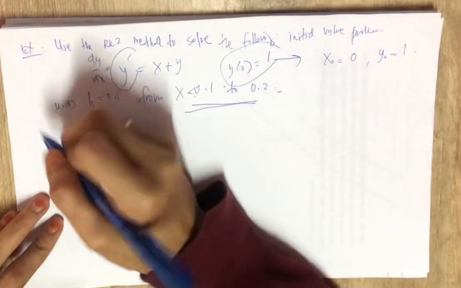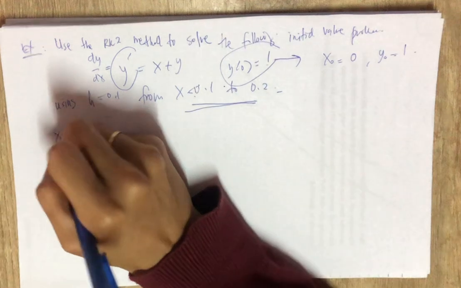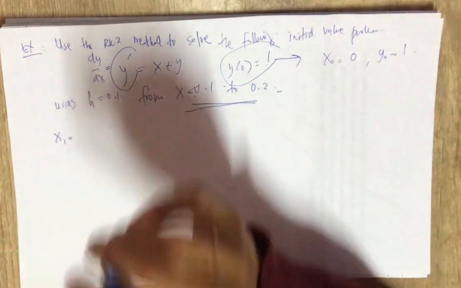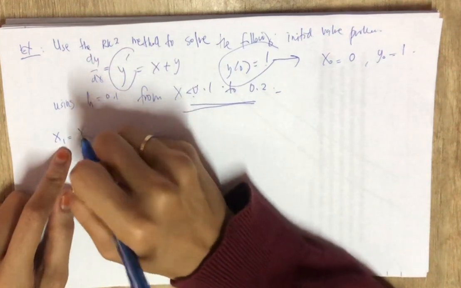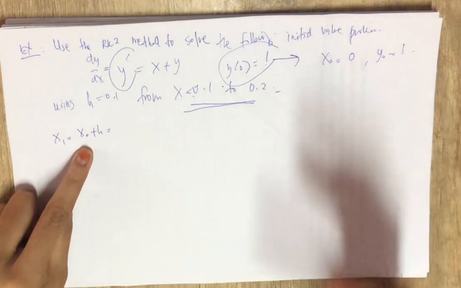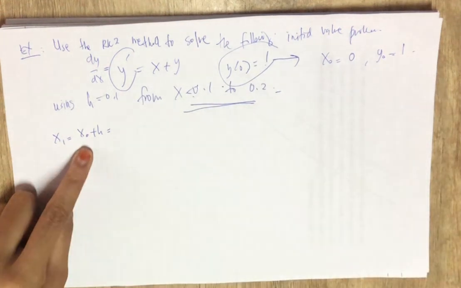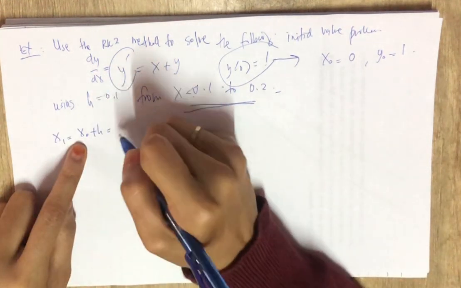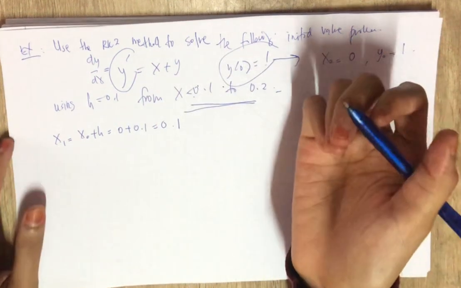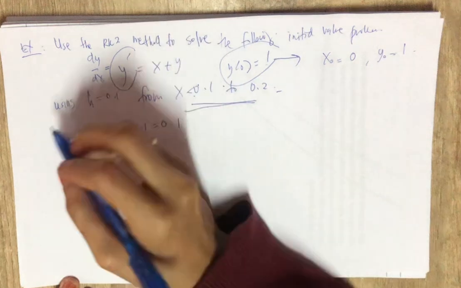We want to find x1 because we have x0 and y0 already. We do the same thing as the previous method: x is the previous x plus the step size. Your x0 is 0 and your step size is 0.1, so your x1 is 0.1.